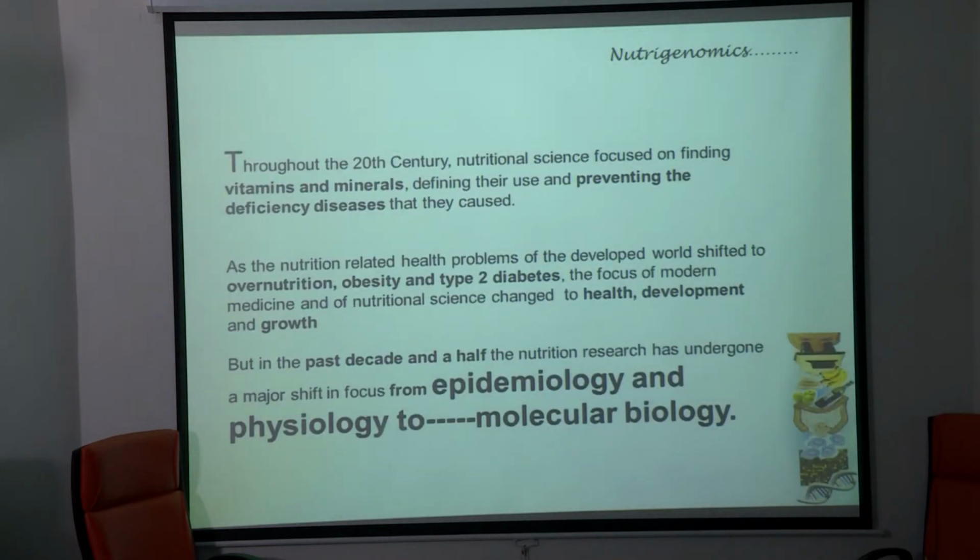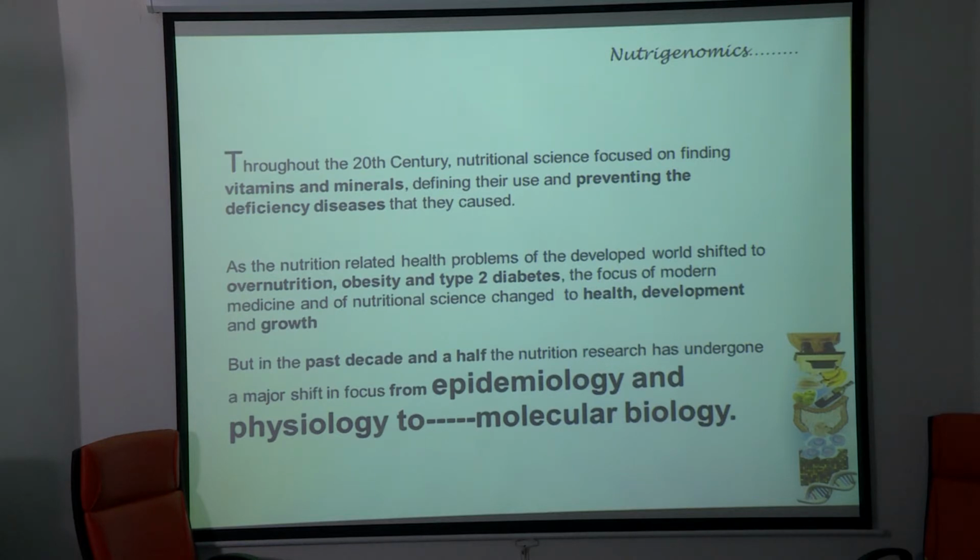Now, throughout the 20th century, nutritional science was basically focusing on deficiency diseases. People were trying to find out what vitamins and minerals could alleviate these deficiencies. Slowly, as industrialization and mechanization came in, lifestyle started changing, and the whole outlook of nutrition also started changing.